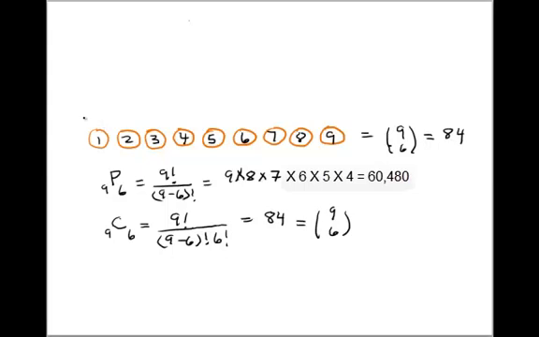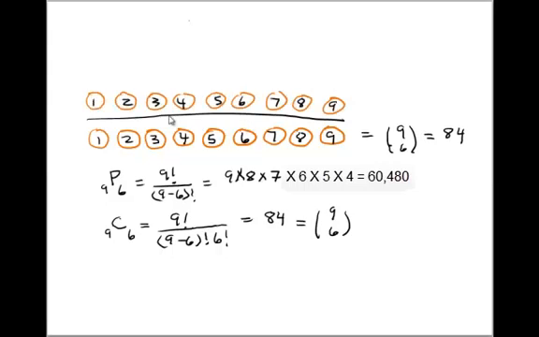Now let's say that we wanted to figure out the probability that we would choose any of the 6 out of 9 pumpkins. Well, we've got 9 pumpkins. We're going to choose 6 of them.